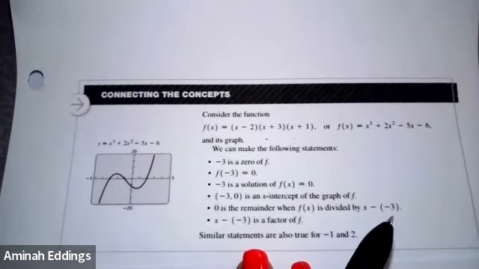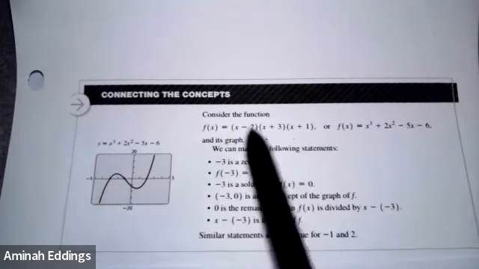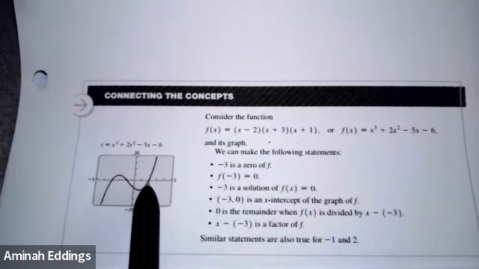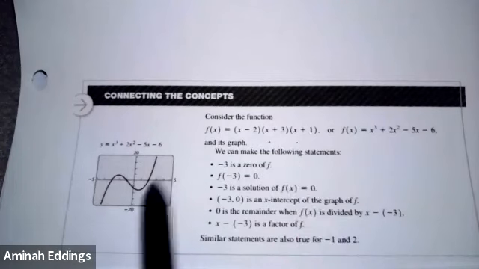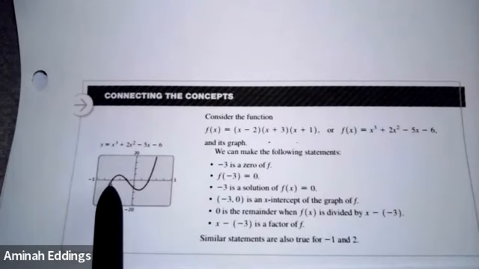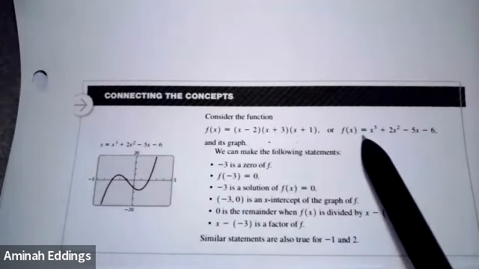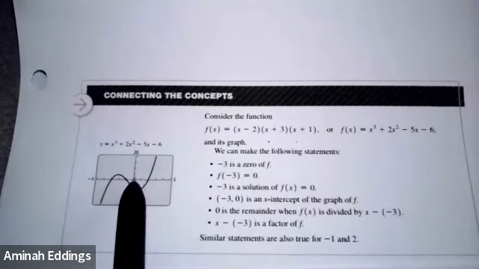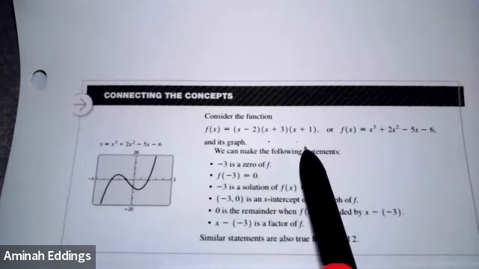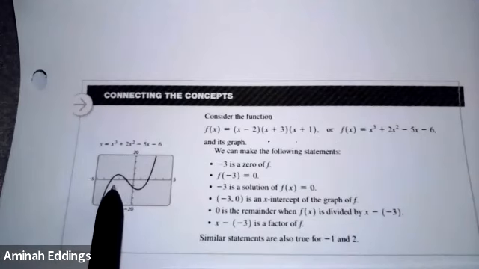Where they cross the x-axis. Exactly. So here we get a 0 of 2, crosses the x-axis at 2. Here we get a 0 of -3, crosses the x-axis at -3. And then the final 0 is -1, and it crosses at -1.